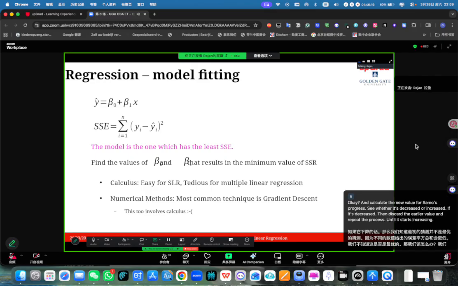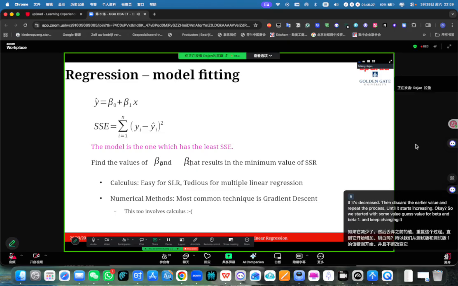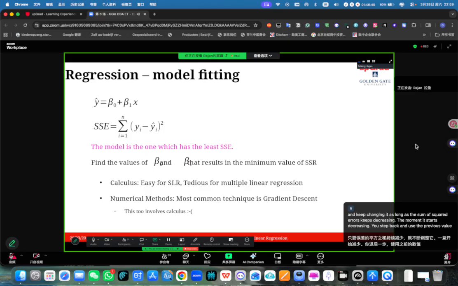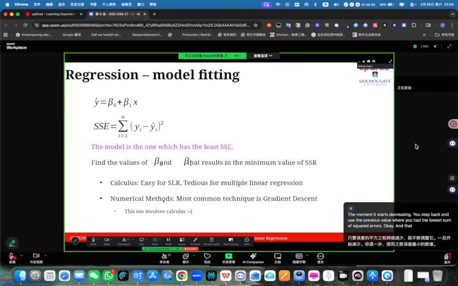So we started with a guess value for beta naught and beta 1, and keep changing it as long as the sum of squared errors keeps decreasing. The moment it starts increasing, you step back and use the previous value where you had the lowest sum of squared errors. And that is called the numerical method.